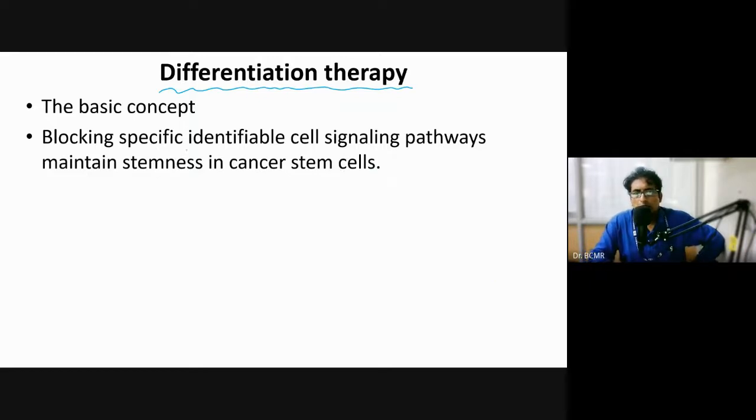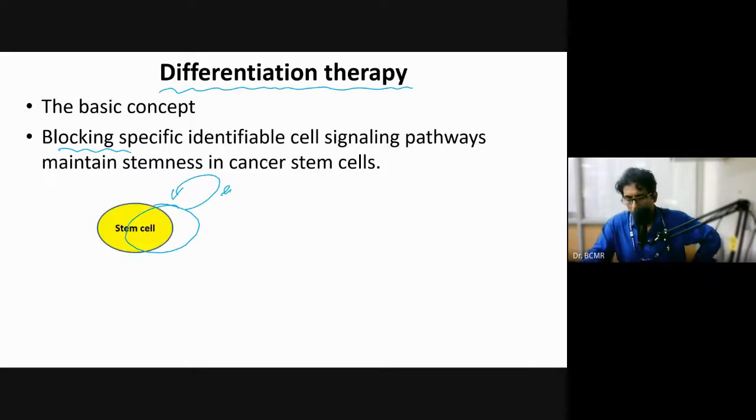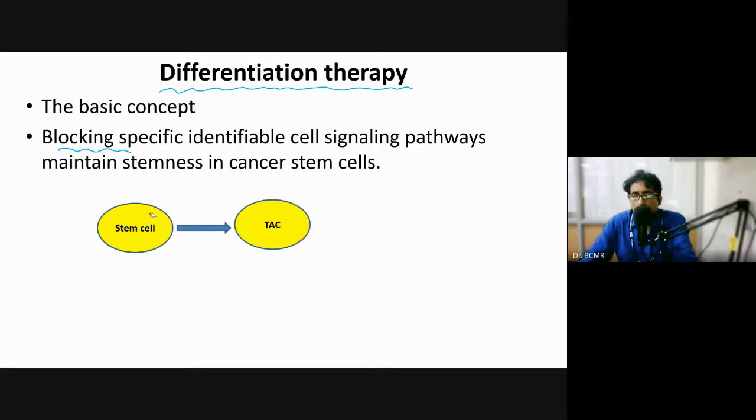This is about identifying or blocking the signaling pathways that maintain stemness. If there is a cell, we have stemness of self-renewal, right? I think the next slide will show it better. Oh, this is the slide. There is a stem cell, and the stem cell gives rise to transit amplifying cells, and they will give rise to differentiated cells.